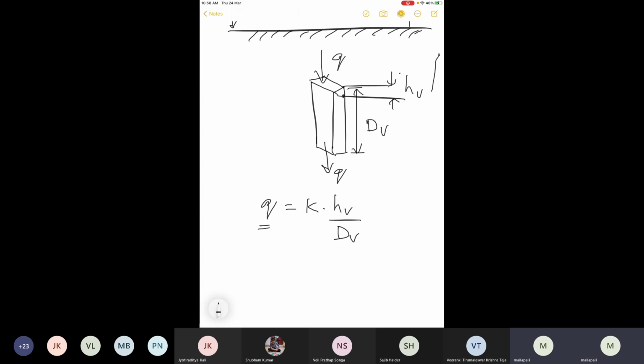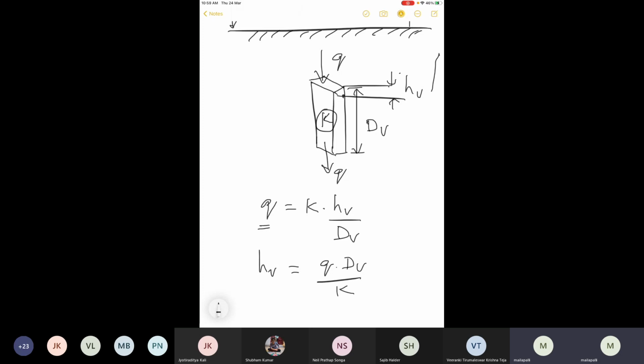So HV is equal to Q times dV divided by K, where K is the hydraulic conductivity of this material. This way you can estimate the HV.